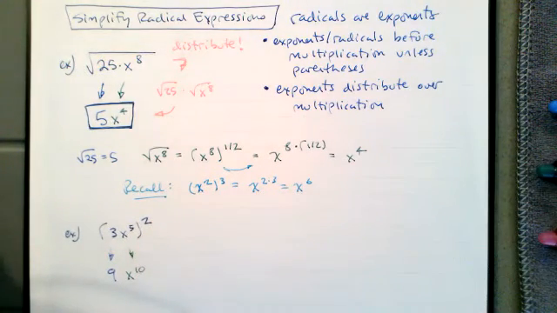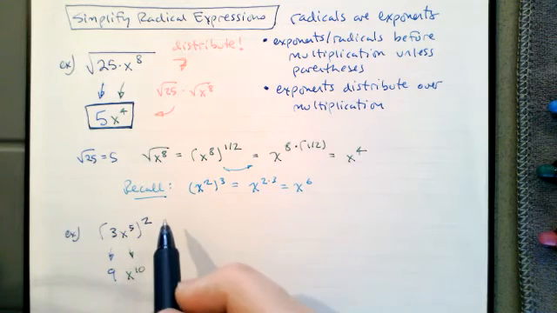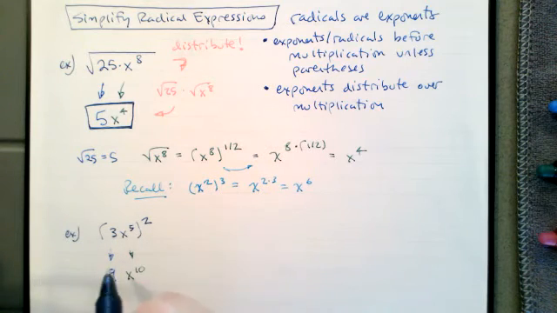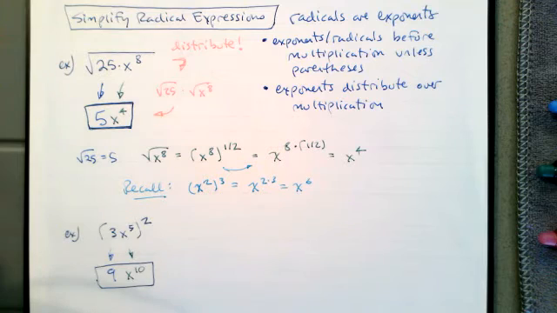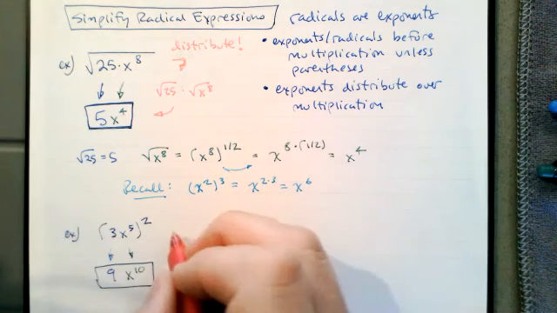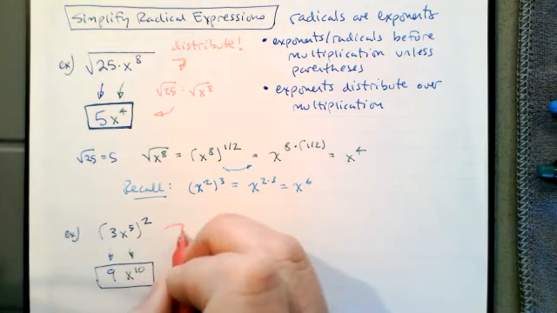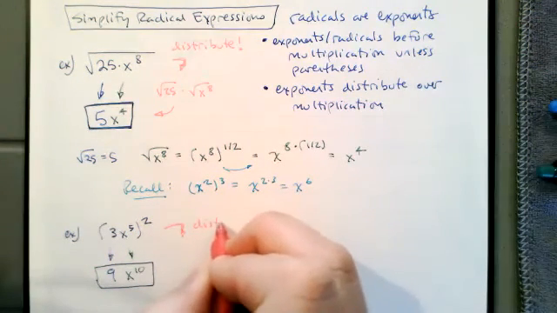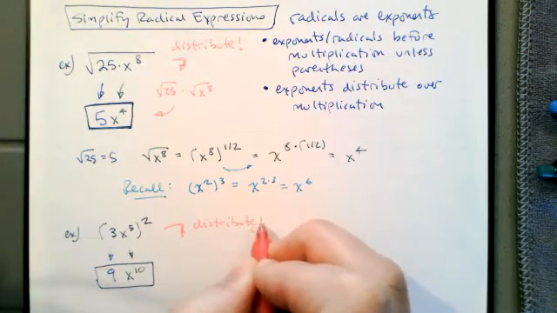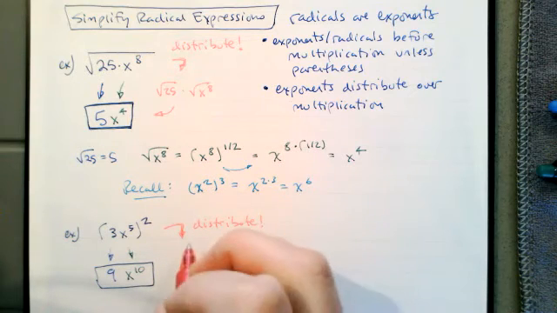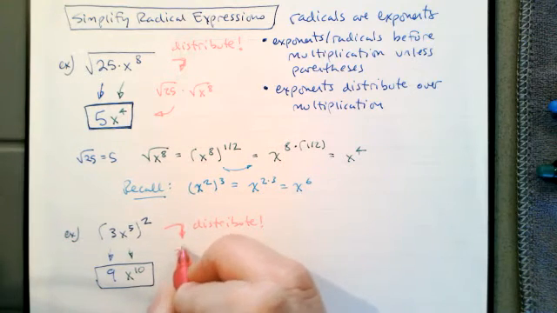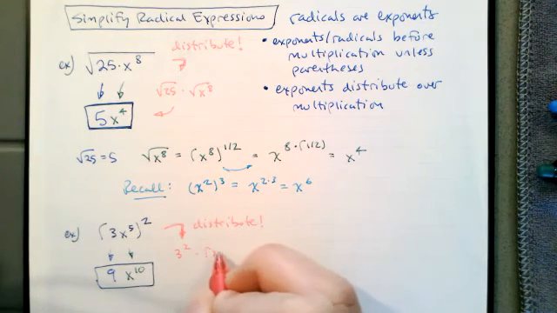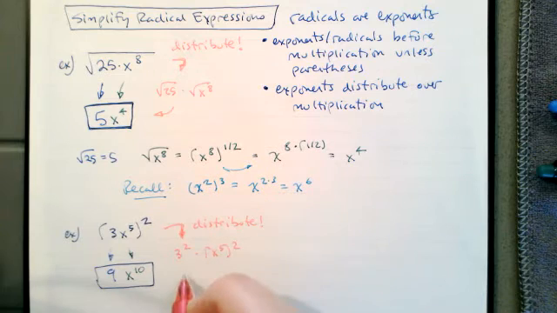When we simplify the square of the product of 3 and the 5th power of x and come up with 9x to the 10th, we're applying the same principles as when we simplified the square root of 25x to the 8th. We distributed the exponents. We do 3 squared and x to the 5th squared.